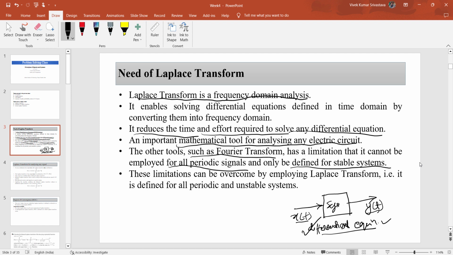Due to these limitations, we cannot use the Fourier transform for solving any differential equation. All those limitations we can overcome by using the Laplace transform, which we can use for all kinds of periodic signals as well as unstable signals. This is the motivation behind learning the Laplace transform.